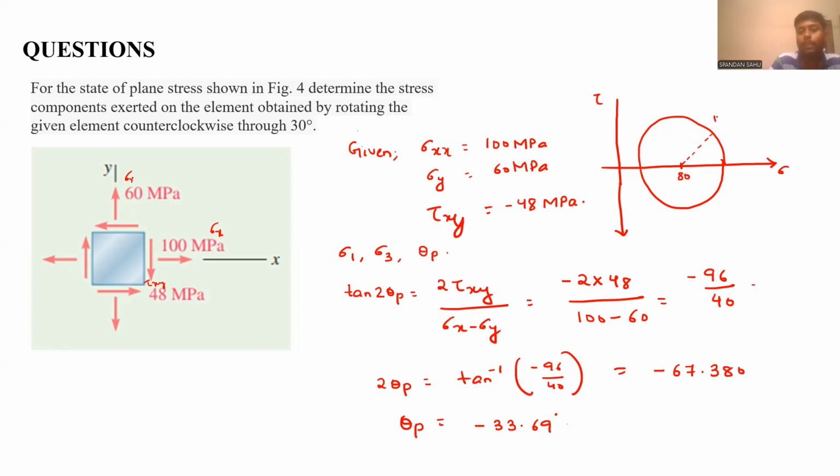This is 100 comma 48, and this is 60 comma 48. This x coordinate is 100 and this x coordinate is 60.